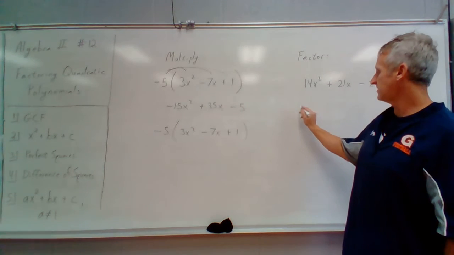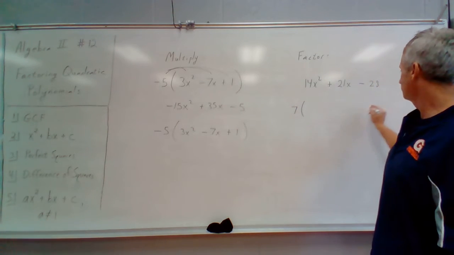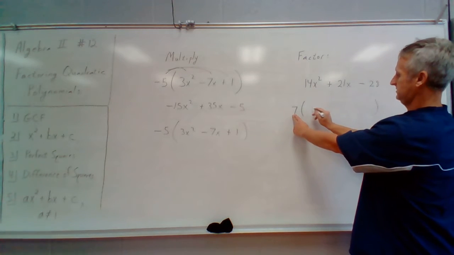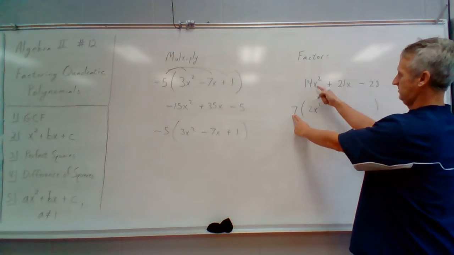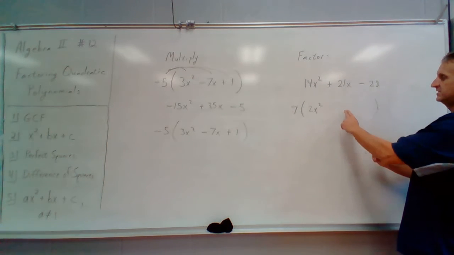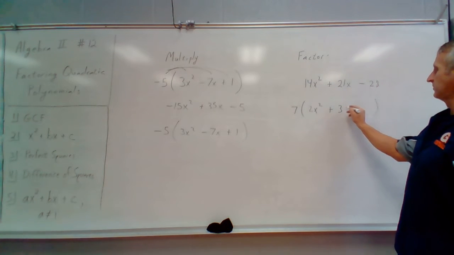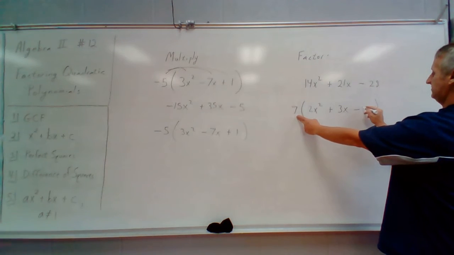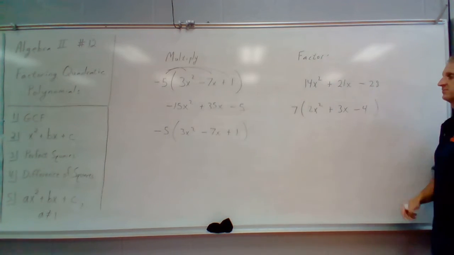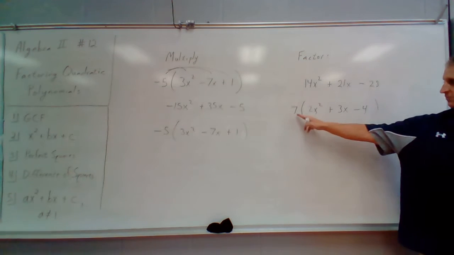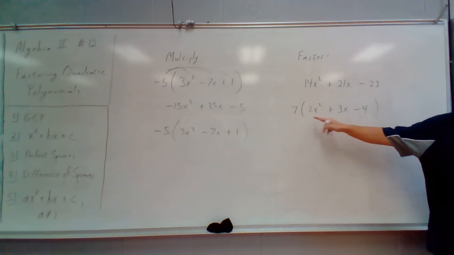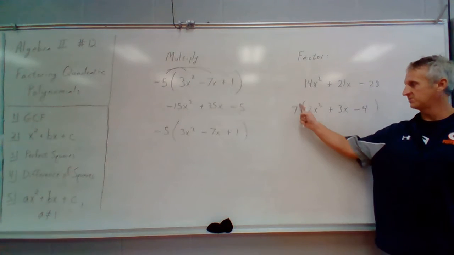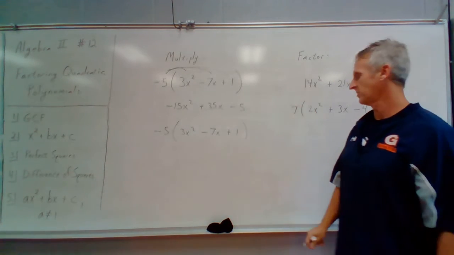So I can factor out a 7 and see what that leaves me. 7 times 2x squared will be 14x squared. 7 times 3x will give me 21x. And 7 times minus 4 will give me negative 28. So we factored out the greatest common factor of 7.